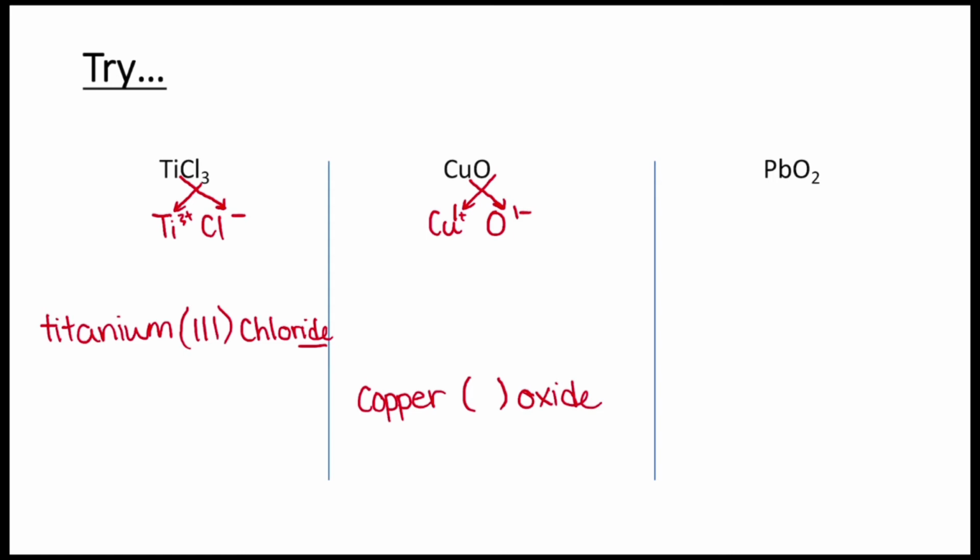So because of that, we times it by 2. Whatever we do to this one to balance the overall charge, we do to the metal as well. So times that by 2, meaning that we end up with copper 2 plus, O 2 minus, which matches our periodic table. That means that this is copper 2 oxide.